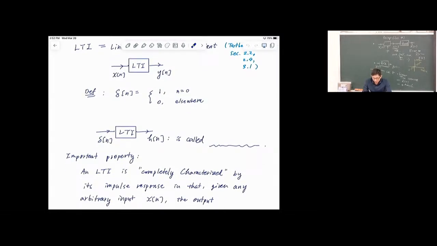Imagine that we have a system. The input is the delta function itself. And the output h of n is called the impulse response of the system. Okay, that's the definition.